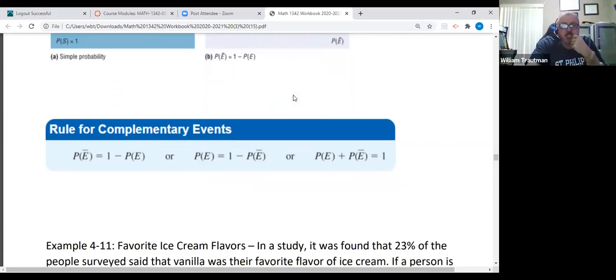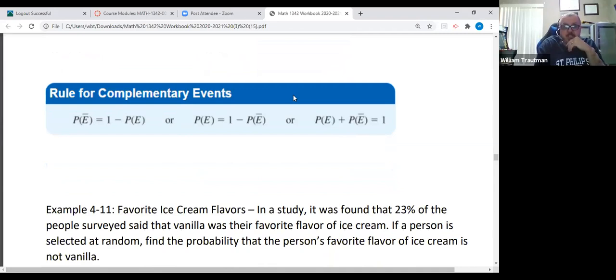We have these formulas here. You could write them down and use them. The probability that the event will not happen is 1 minus the probability that it will happen.